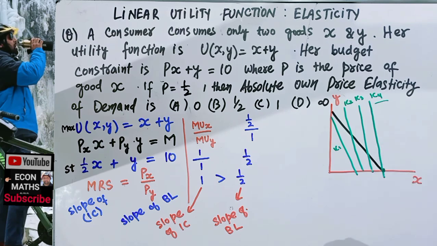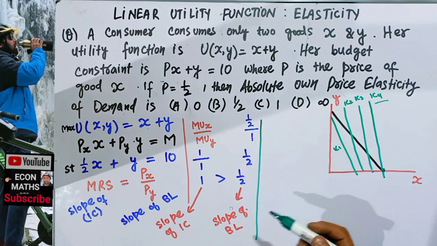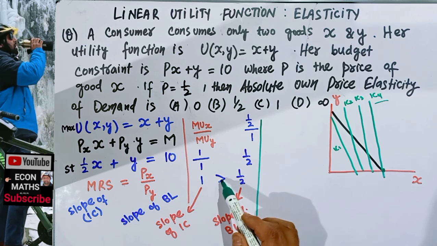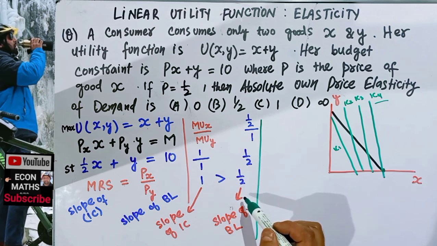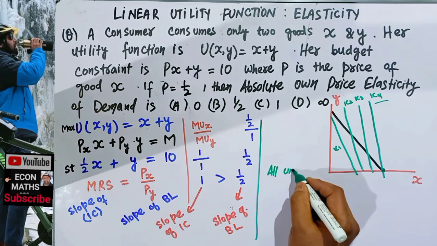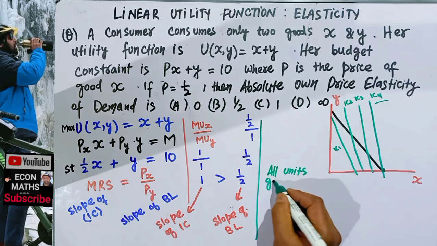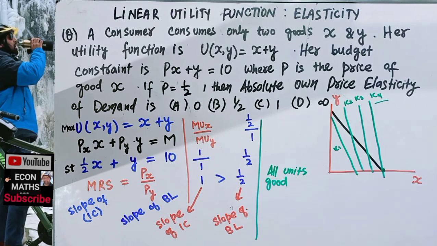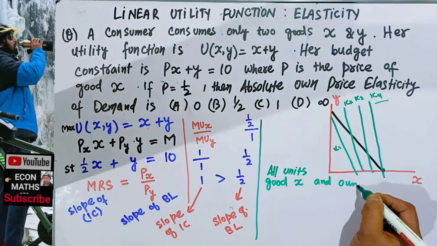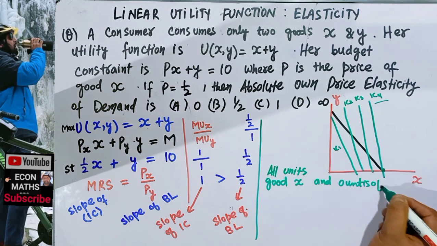So here we will get the corner solution. This MRS condition, this equality does not exist here. When the slope of indifference curve is greater than slope of budget line, that means consumer will consume all units of good X and 0 units of good Y.